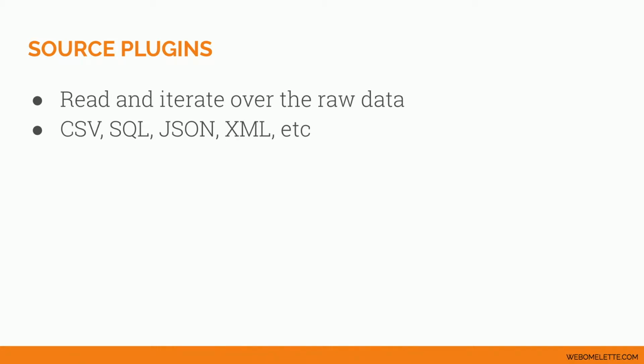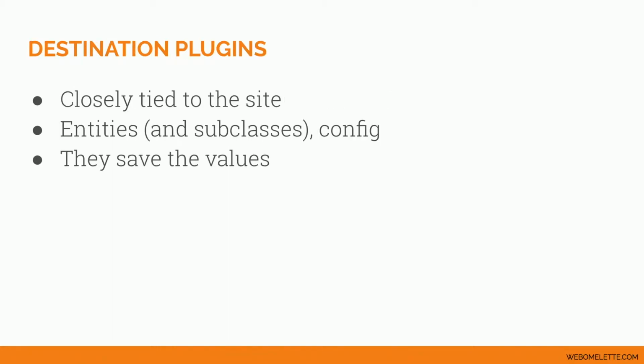Destination plugins. These are closely related to the target application. In our case, it's Drupal 8, of course, so not many surprises there. Typically, we will save data into entities, be that config or content entities. I think even config objects, simple config, but I'm not super sure.